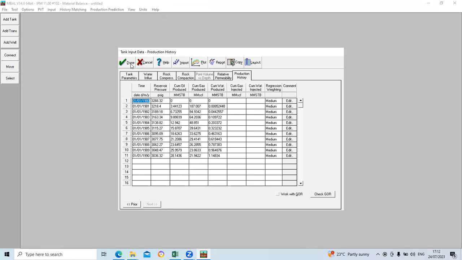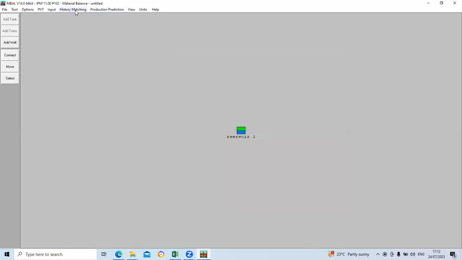Alright, done. So we'll go now. If you look at what we have here, you have history matching and you have production prediction. It is after our history matching that we can now go ahead to carry out our production prediction, because it is no longer our past history that is doing the prediction for us, but it is the robot that we have produced.